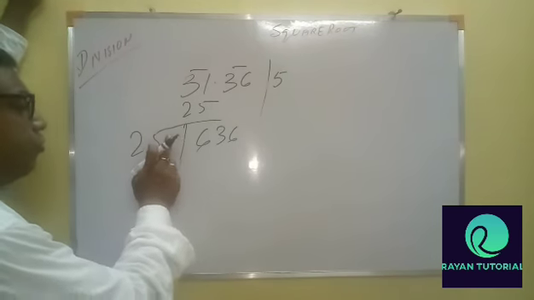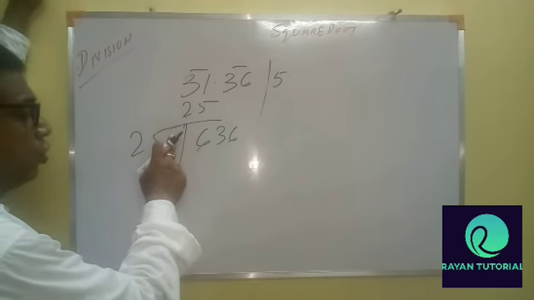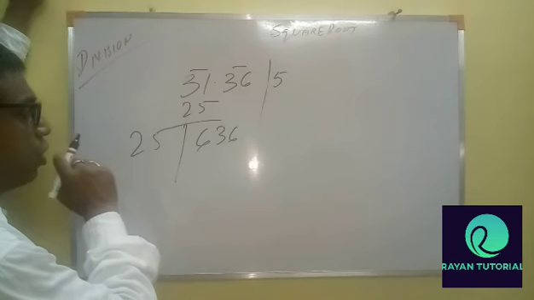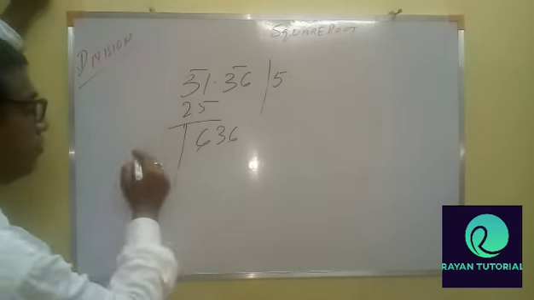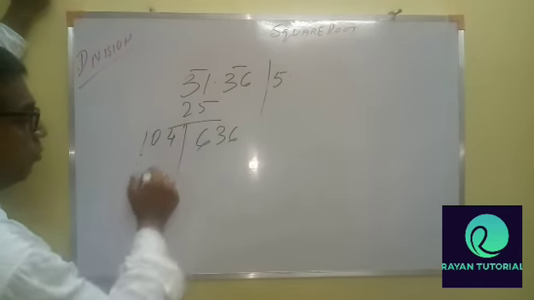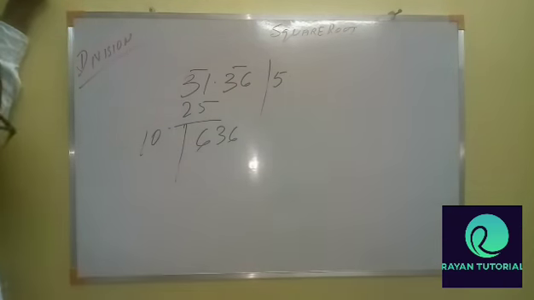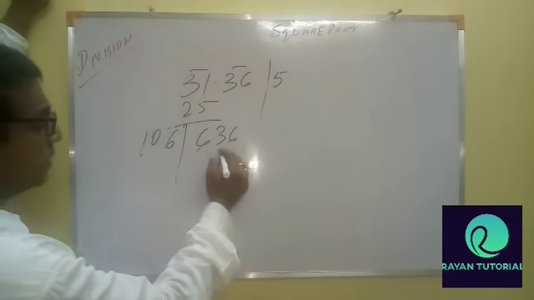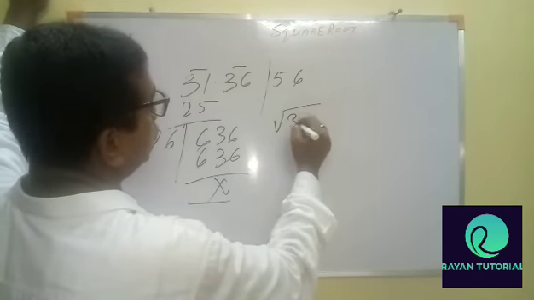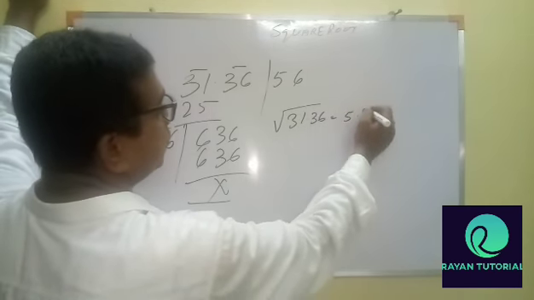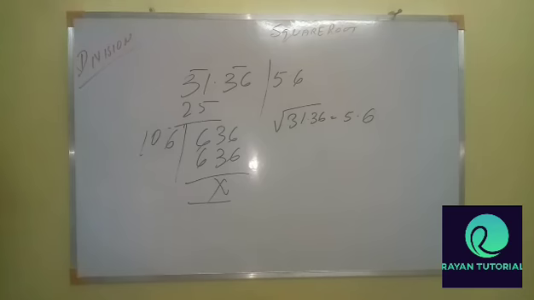So if I put 4, it's not going. Oh, sorry, it will be 10. Why 25? 5 2s are 10. So if I put 4, 4 4s are 16. So let me put 6. If I put 6, 6 6s are 36, 6 1s are 6. Okay, now see. So square root of 31.36 is 5.6. Clear? Understood?